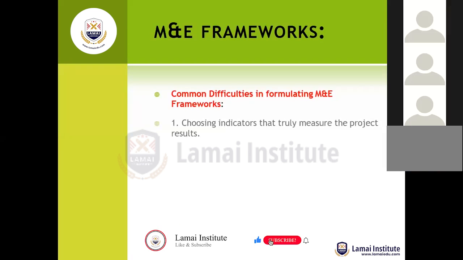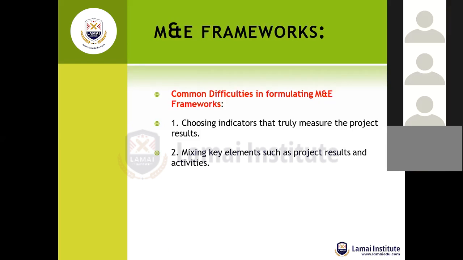So there are common difficulties when it comes to formulating M&E frameworks. Sometimes those difficulties will be like choosing the indicators that will truly measure the project results. It's always giving M&E professionals challenges. There will also be some challenges when it comes to mixing key elements such as project results and activities.